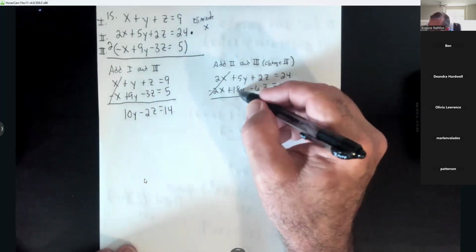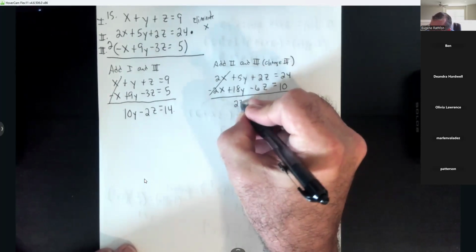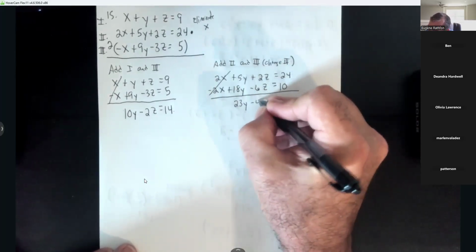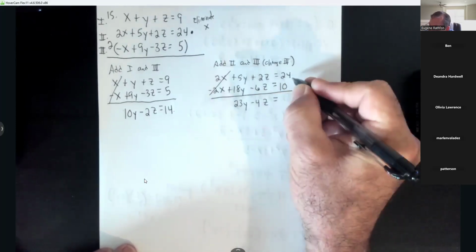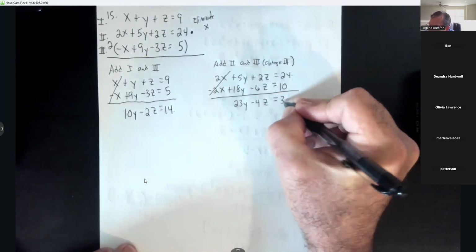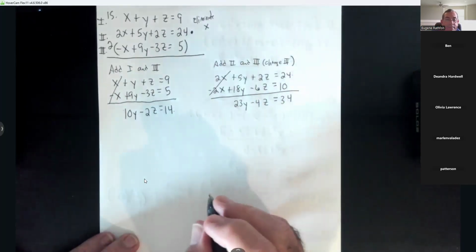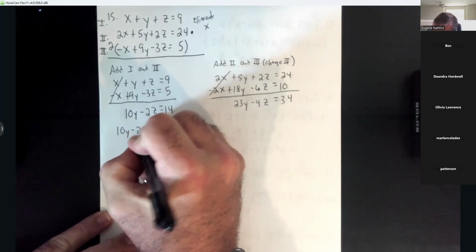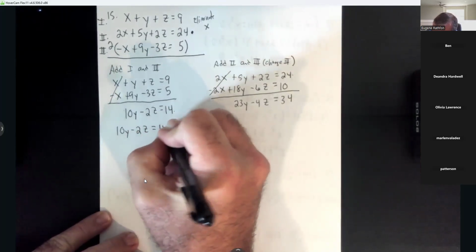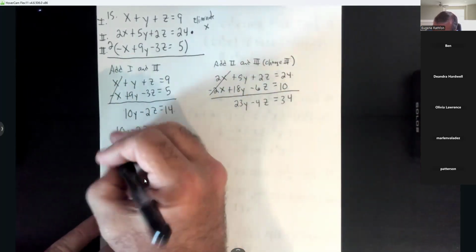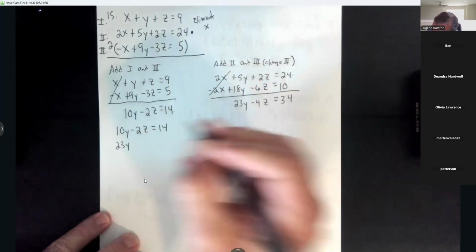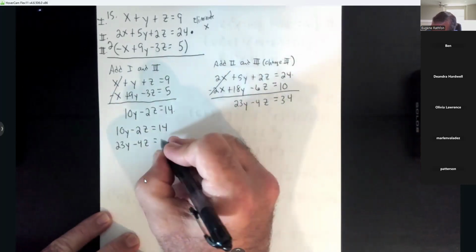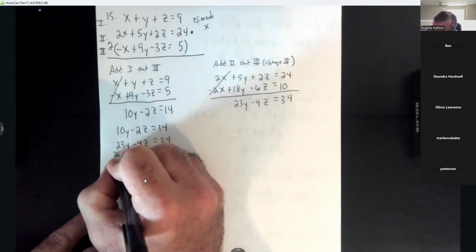So we got 5 and 18, which is 23y. 2 and negative 6 is negative 4z. 24 and 10 is 34. All right, so let me write these two down now. So there's that equation, and then I got my 23y minus 4z equaled 34.